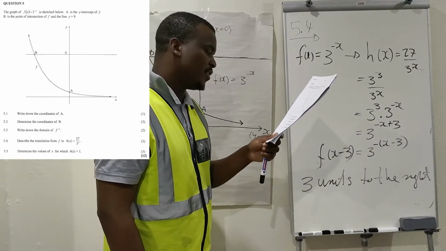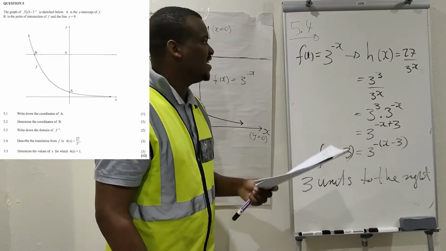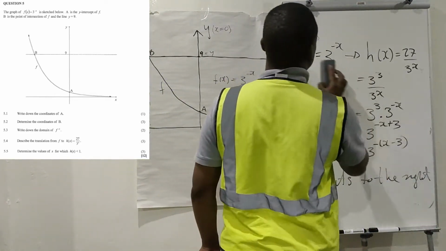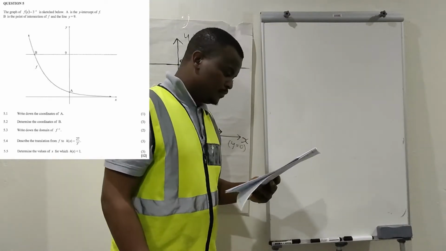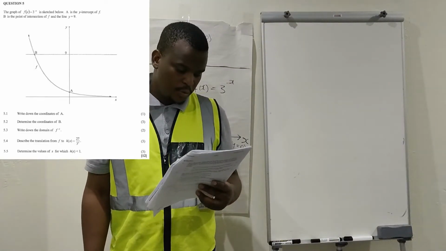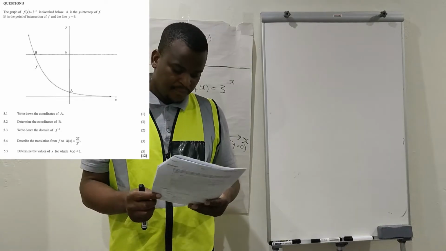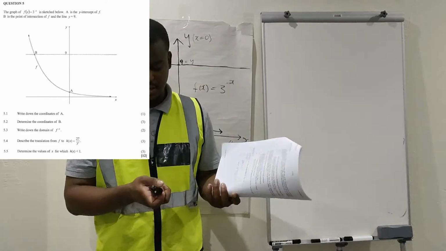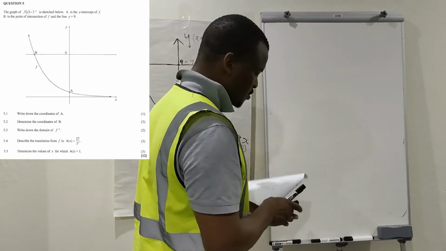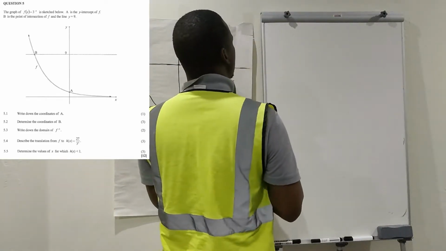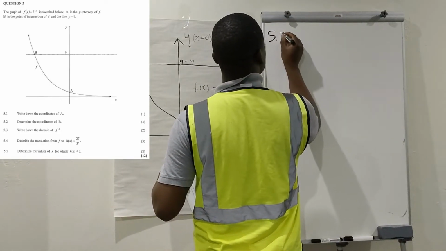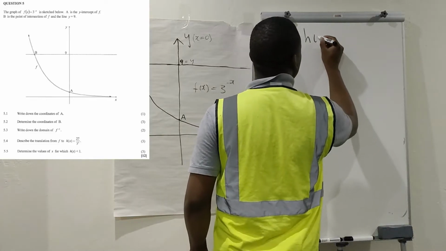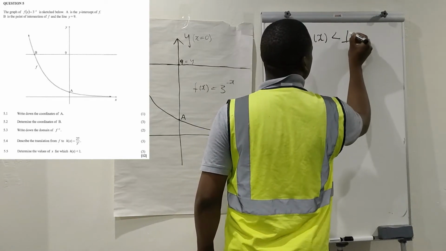So 5.5: determine for which values of x h of x is less than 1. We do 5.5. It reads as follows: determine the values of x for which h of x is less than 1.